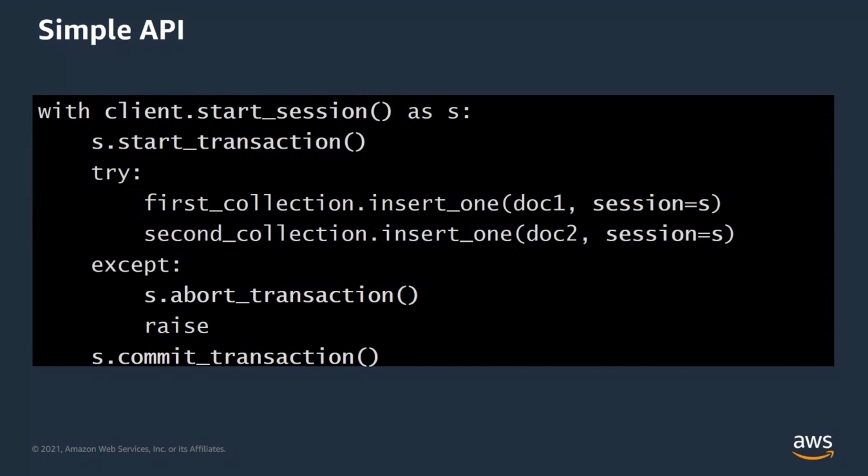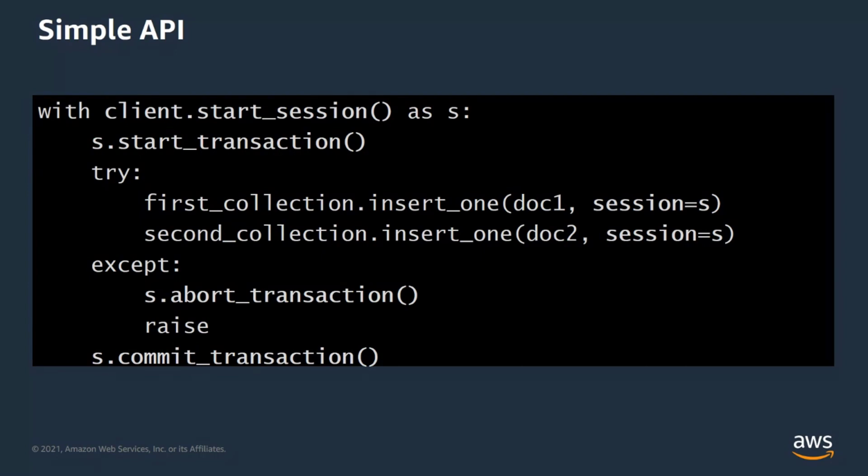None of the partial writes remain. For instance, if the first operation worked and we actually got doc1 into the first collection, but we had an error writing doc2 to the second collection and we choose to abort, we're going to pretend, hey, just don't do that write to the first collection. Just back the whole thing out and make it as if I had never done anything.